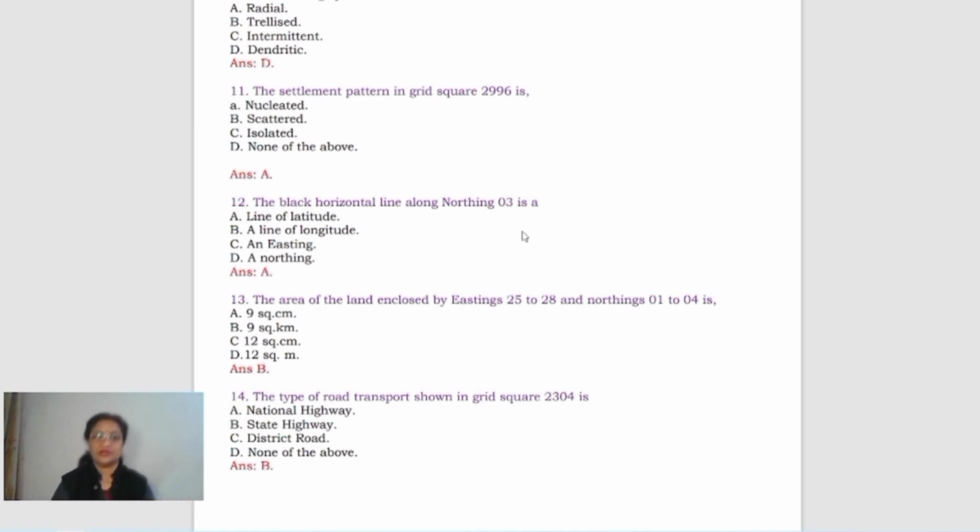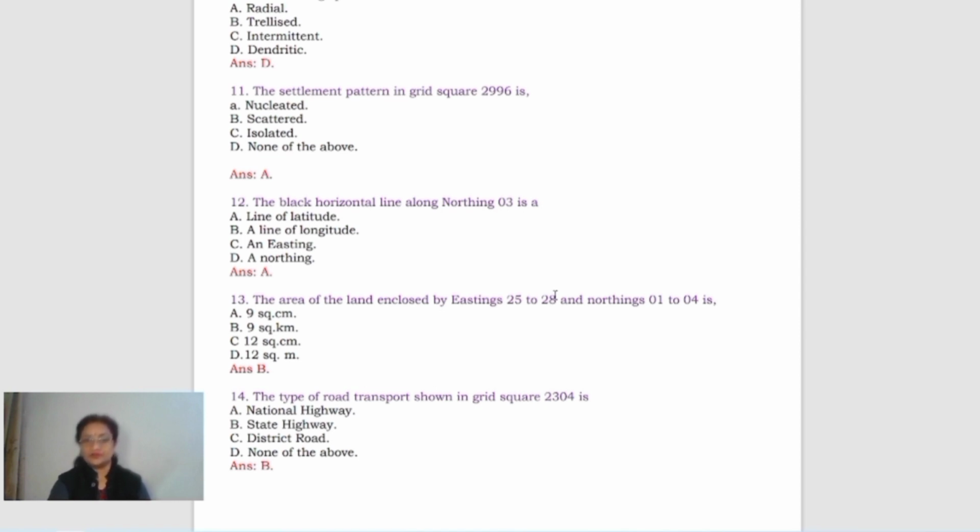Now the next one, the black horizontal line along Northing 03, yes, horizontal line. Now the black horizontal line is going to be a line of latitude. Now the area of land enclosed by eastings 25 to 28 and northings 01 to 04.